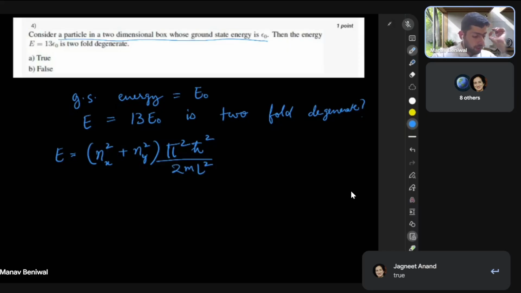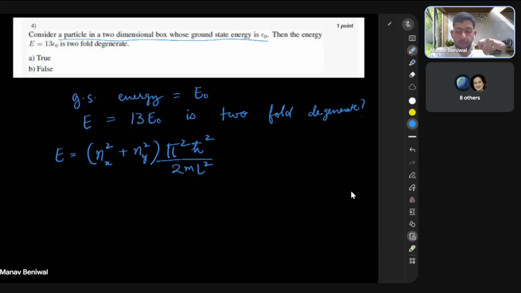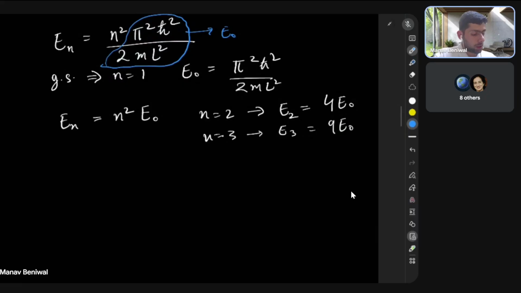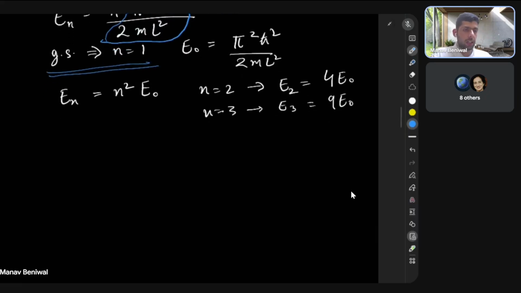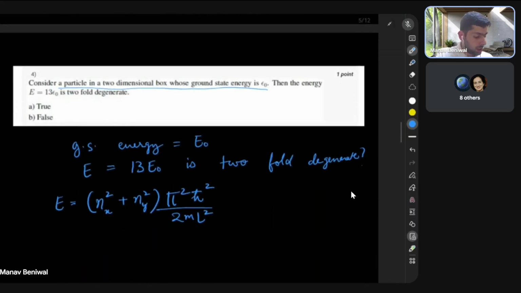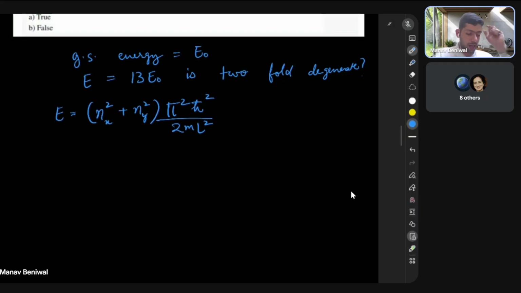Now, if you remember in the last problem, we put n as 1 for the ground state, correct? So that was our ground state energy. Now I want to ask you one question: what will be our ground state energy here?